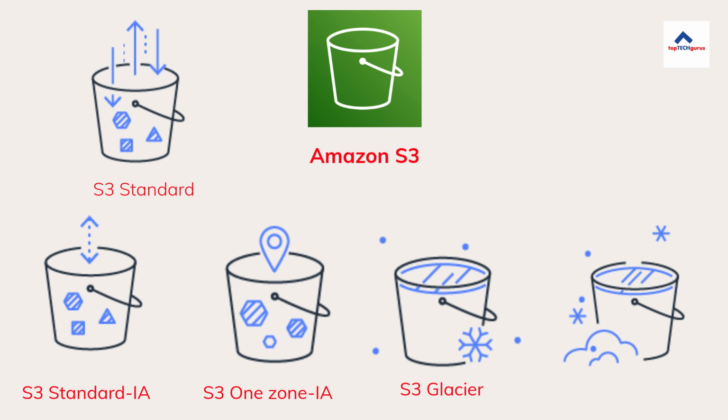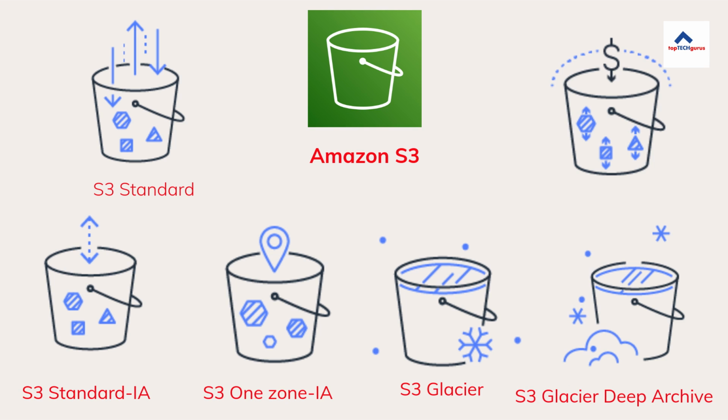If we are not sure about the access frequency, or if the access frequency is changing, we can put that data in S3 Intelligent-Tiering. This will move the data automatically, based on the frequency of access, to S3 IA, S3 Glacier, or S3 Standard to save our cost.